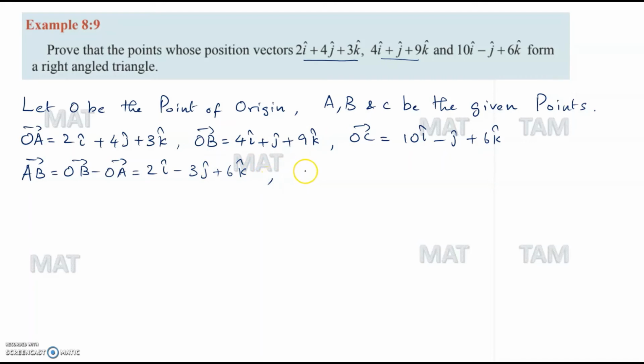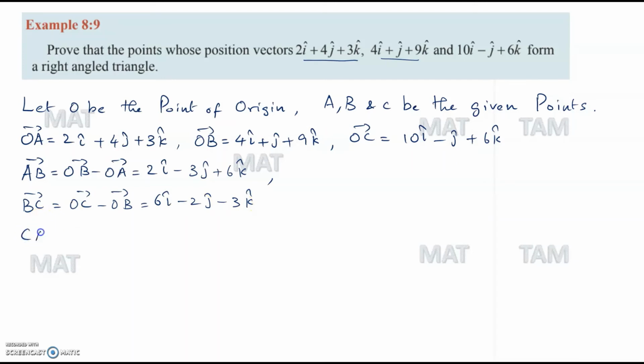Similarly, we can also find BC vector, and that would be equal to OC vector minus OB vector, which would be 10 minus 4, which is 6i cap, minus 2j cap, minus 3k cap.